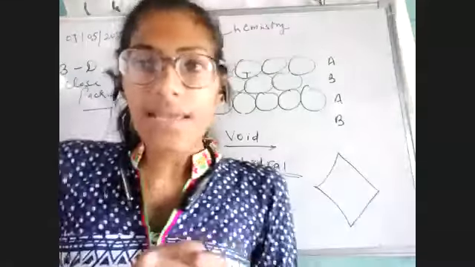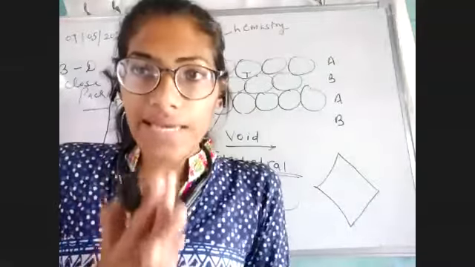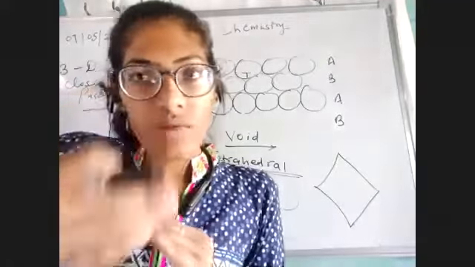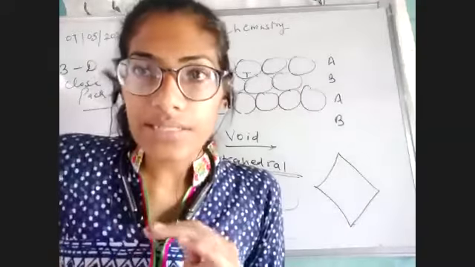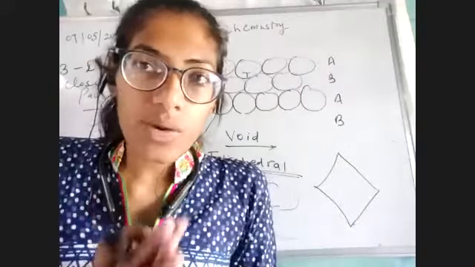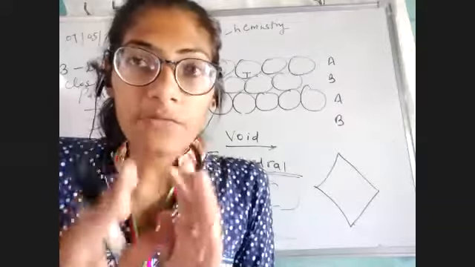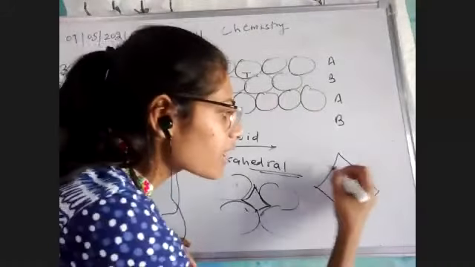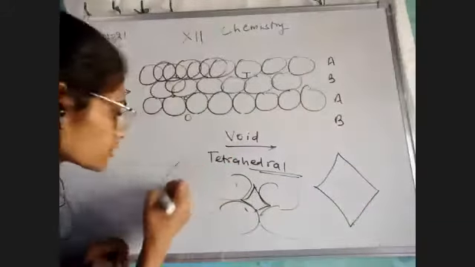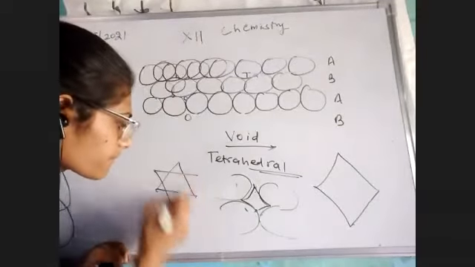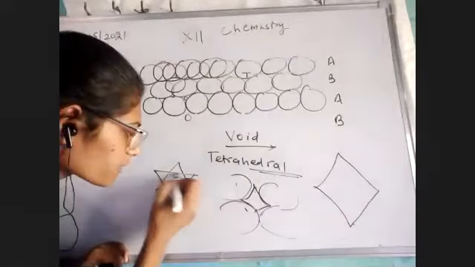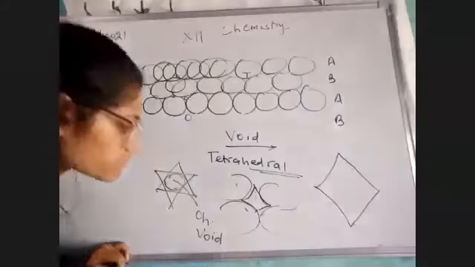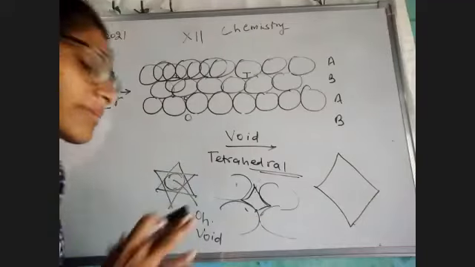In octahedral void, there is also stacking, one layer over the other, and there is a coordination number of 6, and that would behave like a diamond. This would be like this. This is known as octahedral void.